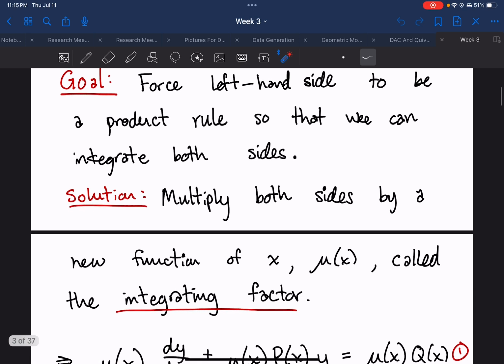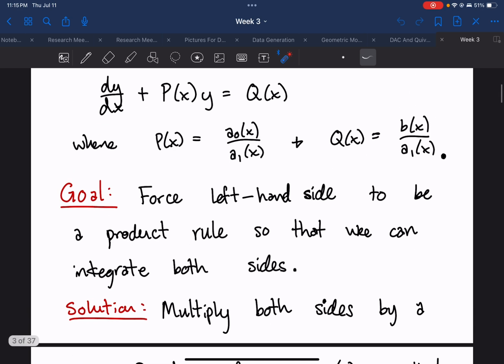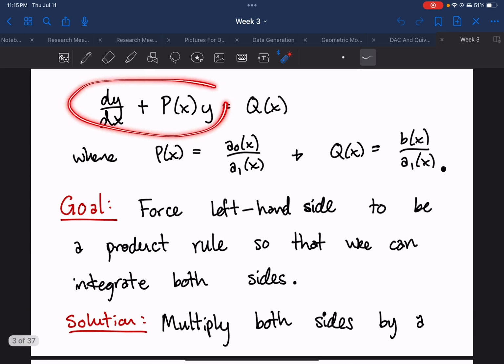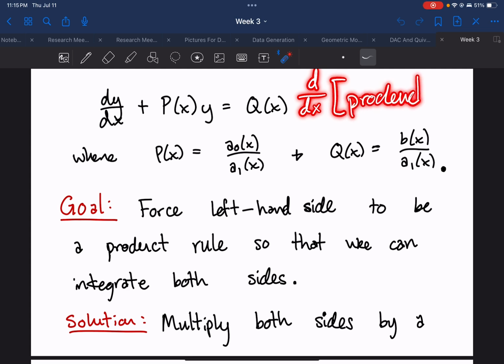So the idea is, like I said, we're going to force the left-hand side to be a product rule so that we can integrate both sides, right?